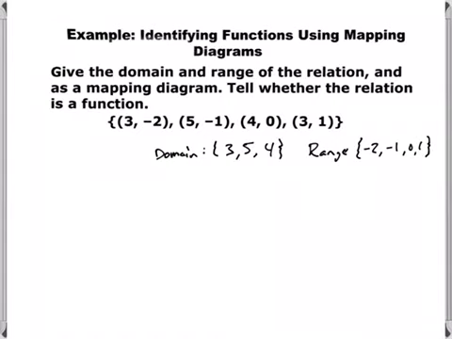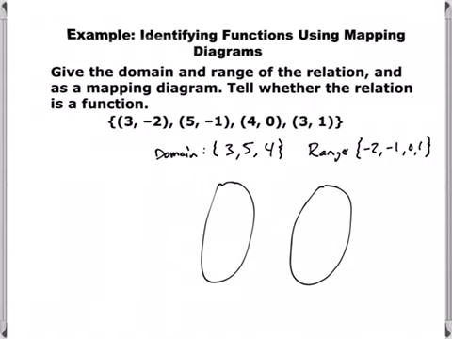All right, so we create our mapping diagram. So I've got my ovals or circles. They're more oval than circle. So we've got 3, 5, and 4, -2, -1, 0, and 1. And so in this case, 3 goes to -2, 5 goes to -1, 4 goes to 0, and then 3 also goes to 1.